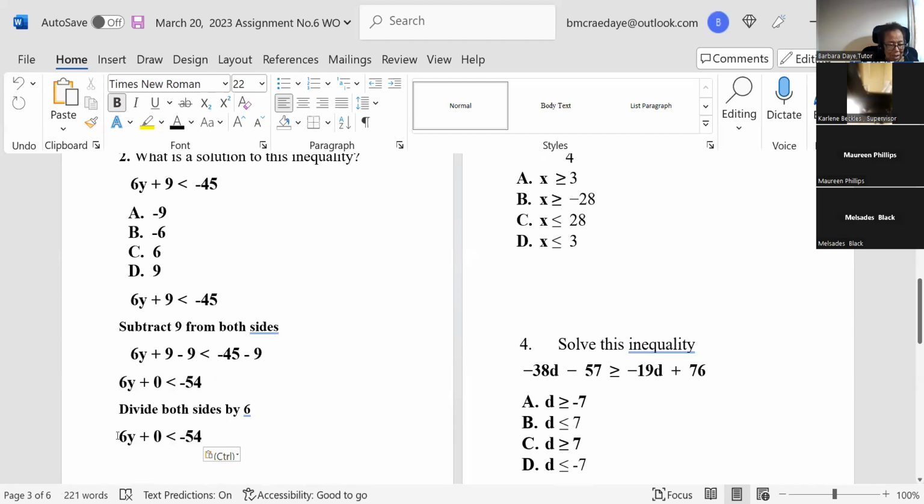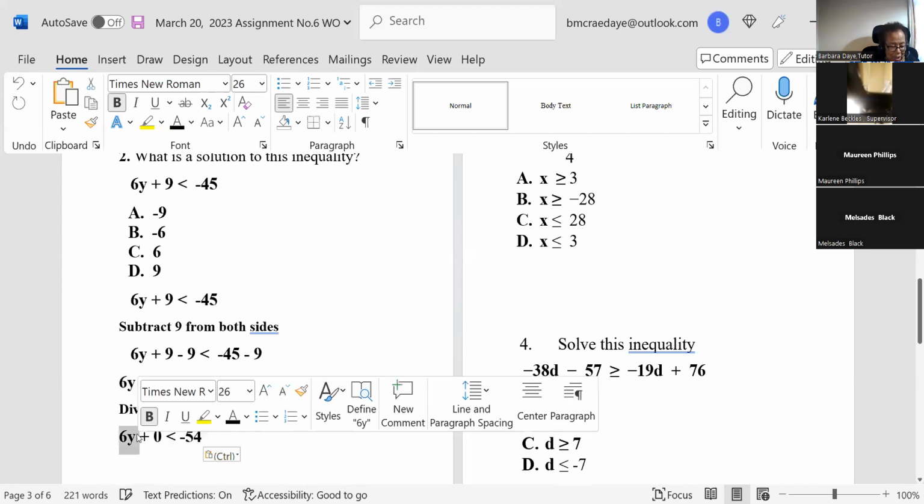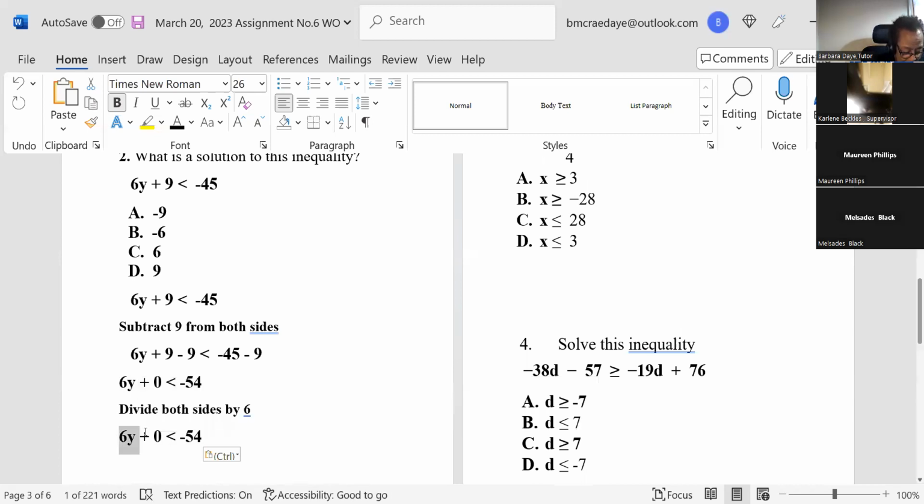That's right, because let's just put the 6, and we divide this also by 6. So 6y divided by 6 will just give you y. And minus 54 divided by 6 gives what, Maureen? 9. Plus or minus? A minus.